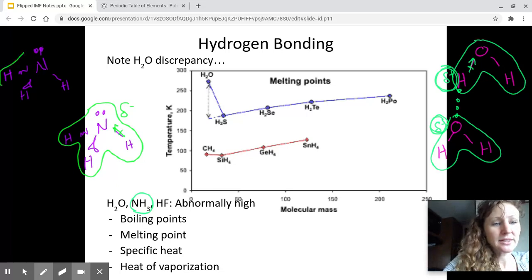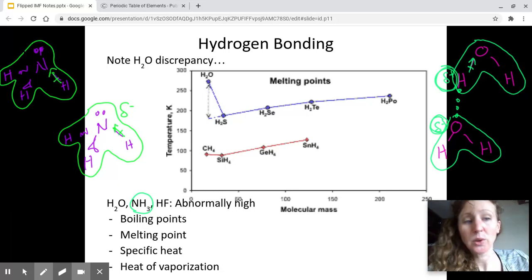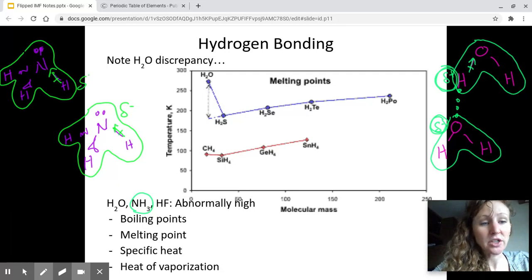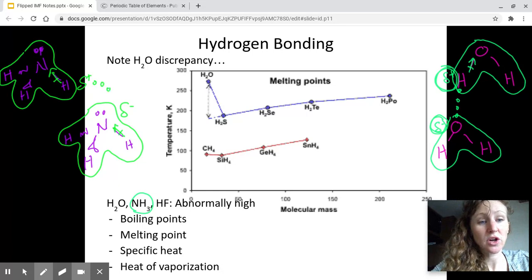And then on the opposite end, we have this other molecule of ammonia. Again, that electron is pulled almost completely away from hydrogen, leaving a partially positive charge that's almost a complete positive charge. So we get this really strong attraction between these two.